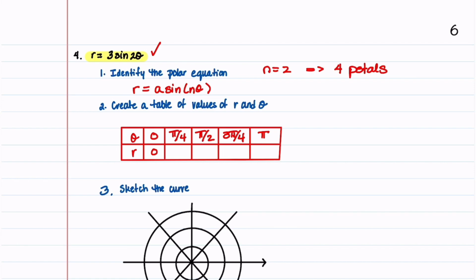Sine of 2 times pi over 4 is equal to 1, so we have a 3. Sine of pi is 0, so we're back down to 0. Sine of 3 pi over 2 is minus 1, so we get a minus 3. And then we're back to 0. I know that's not a lot of values, but it's really going to be enough to graph it since we know that it already is going to look like a rose.